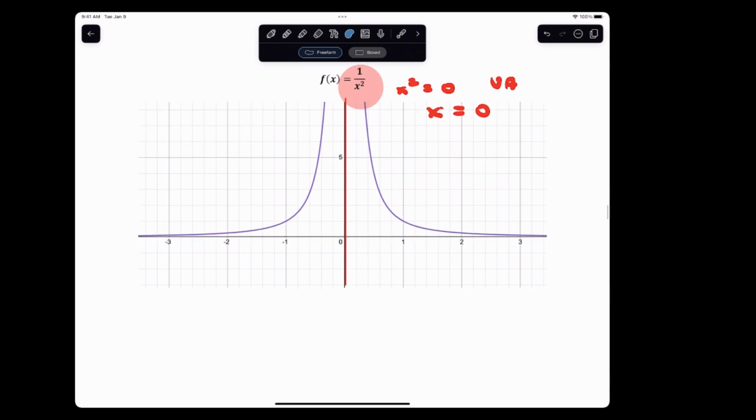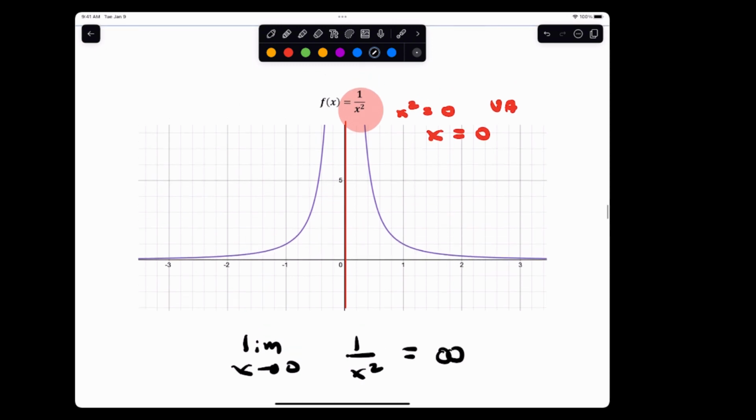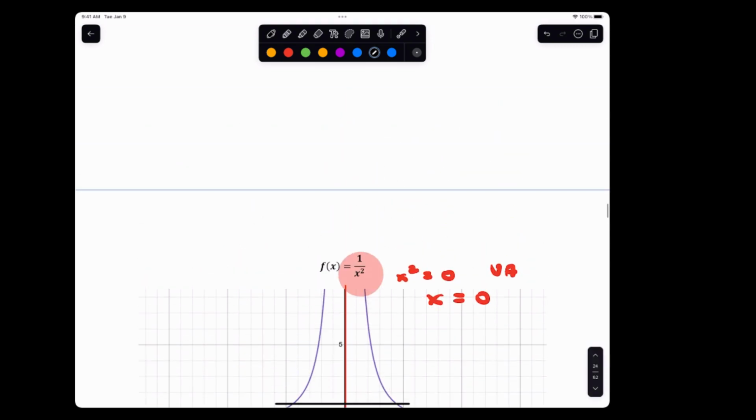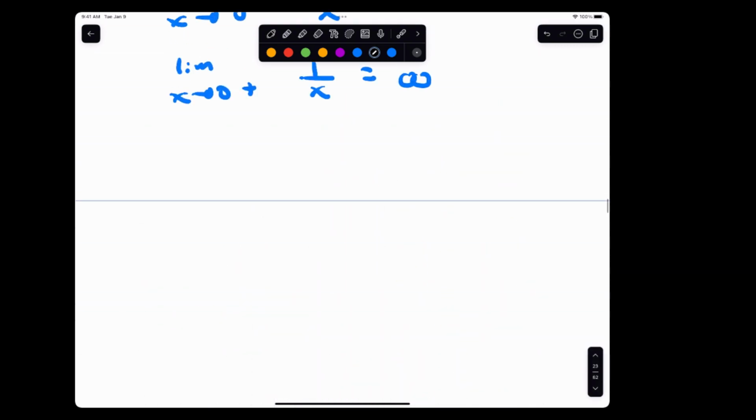Oh, let's take a look. Let's see if you guys are awake. Limit as x goes to 0 of 1 over what? x squared. What is this? That's infinity. Why can I say infinity? They both go to the same what? Direction, same place, heaven. How is that different from this one?